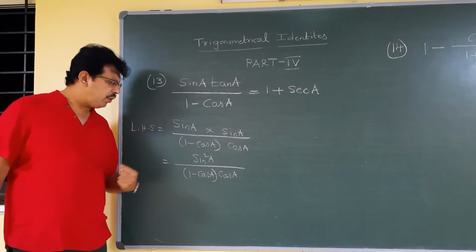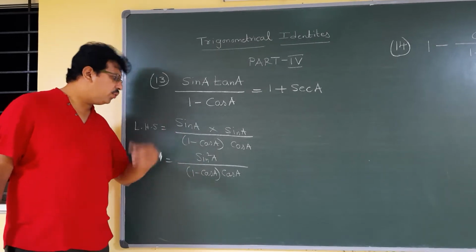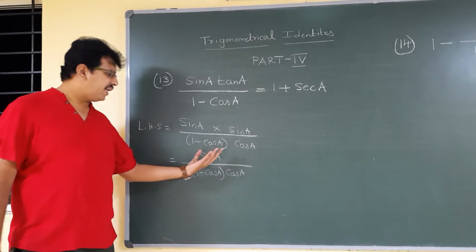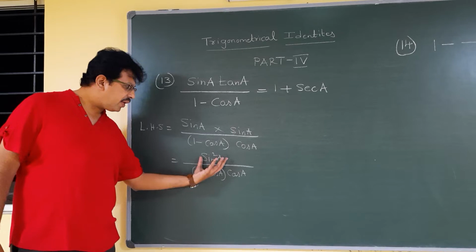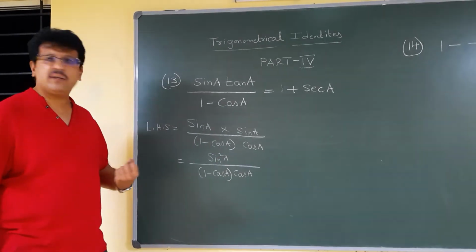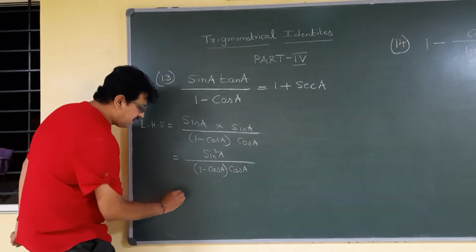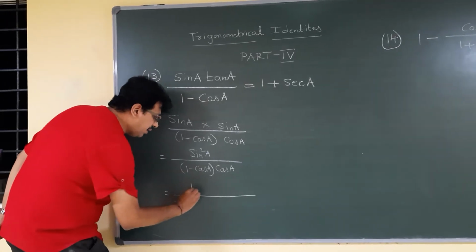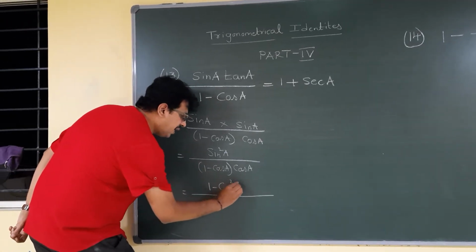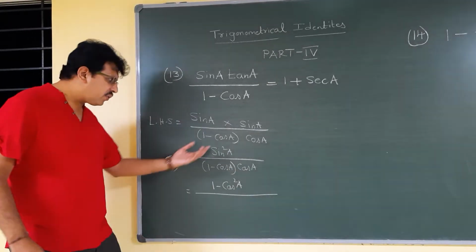So here we need to observe very carefully what we should do in the next step. Sin square A can be written as 1 minus cos square A. Why are we writing this sin square as 1 minus cos square?